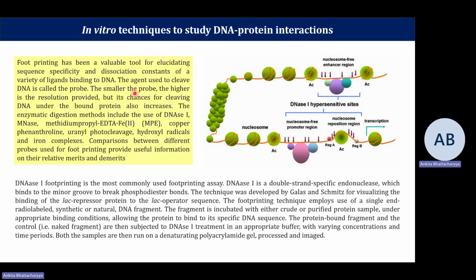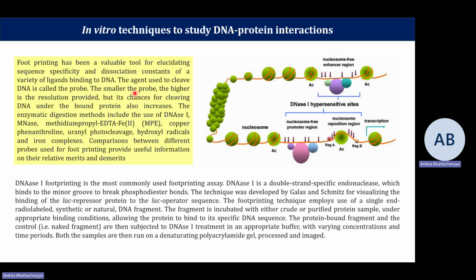And then you have copper phenanthroline, uranyl photocleavage, hydroxyl radicals, iron complexes, etc. All of these different strategies can provide you various sorts of information which you can use based on what your research question actually is. Now, among all the possible footprinting assays, DNase 1 digestion is the most commonly utilized.